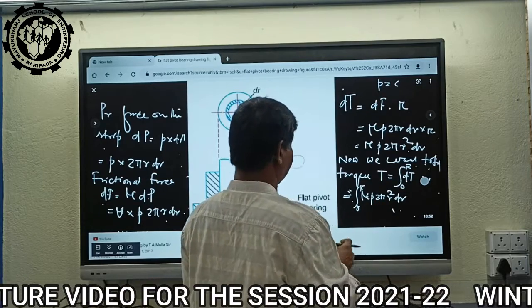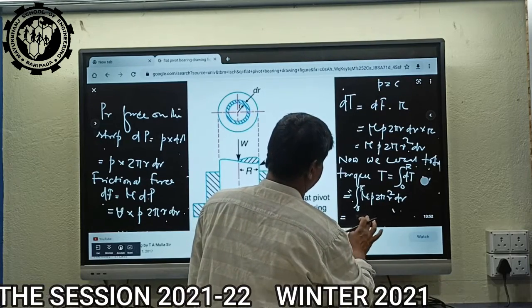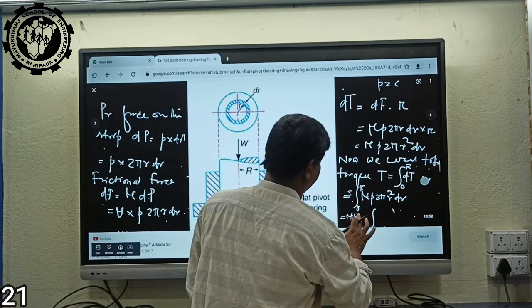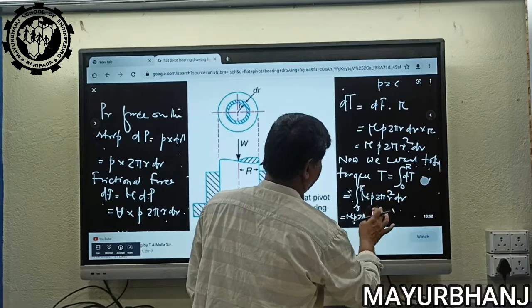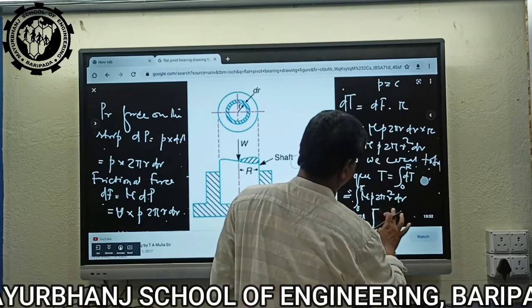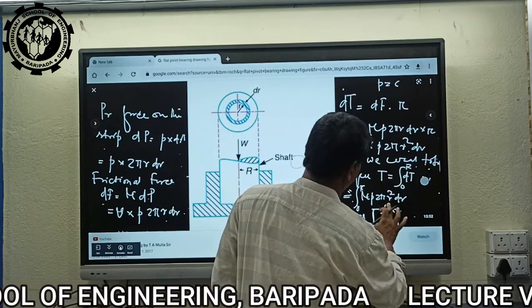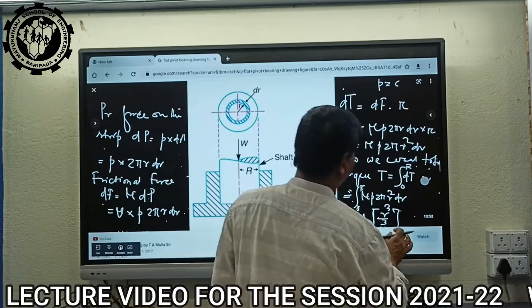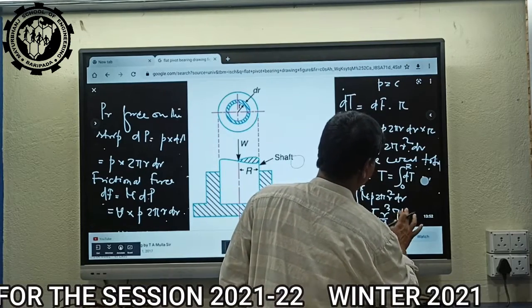Bring them outside the integration. The constant is mu P 2 pi. The integration of r square becomes r cube by 3, limit 0 to R.